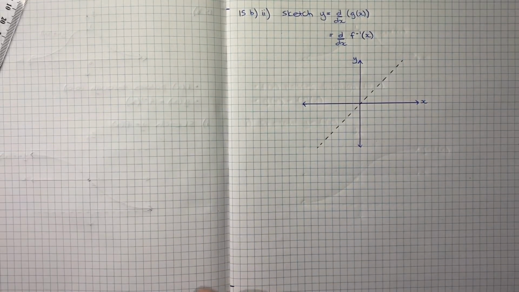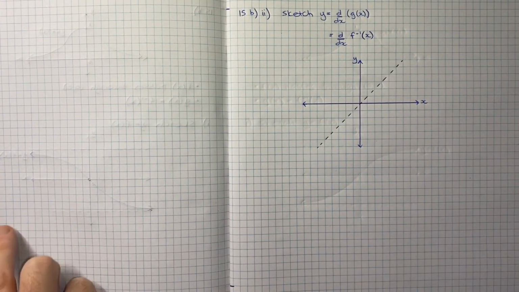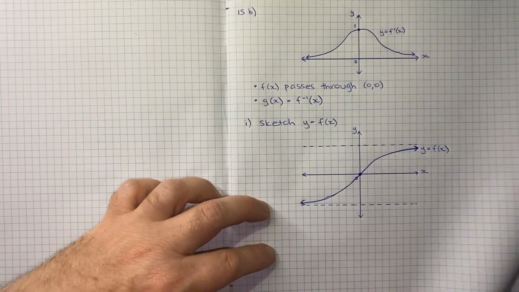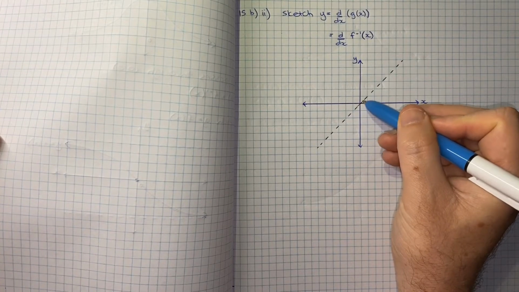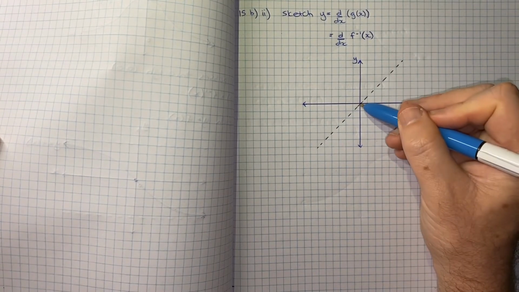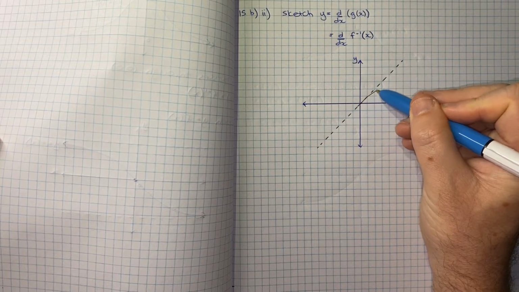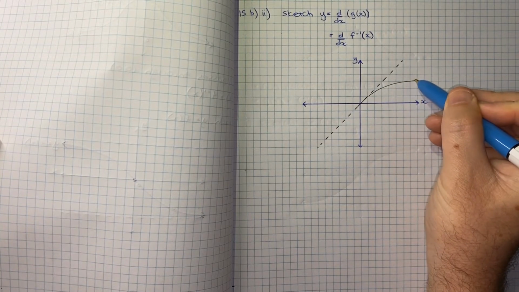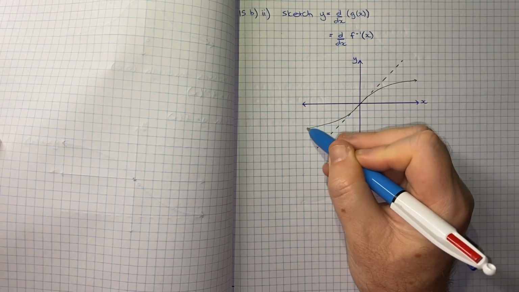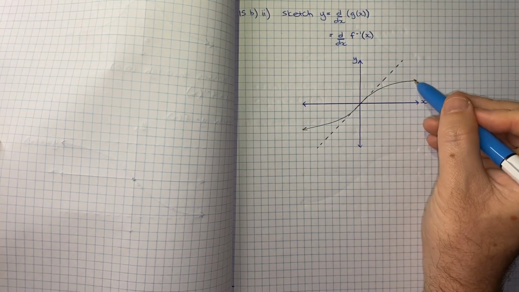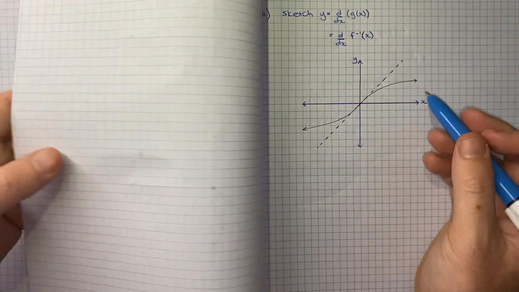So if I just overlay our original curve, y is equal to f of x. Remembering at the origin, it had this tangent of 1, and then it came up and flattened out, and then it came down and flattened out. That was the basic shape of our y is equal to f of x.